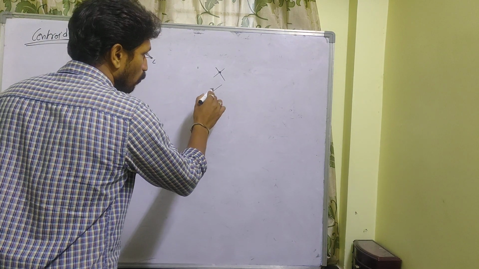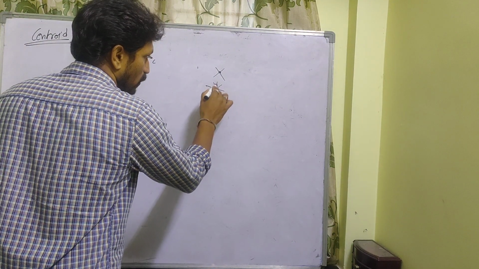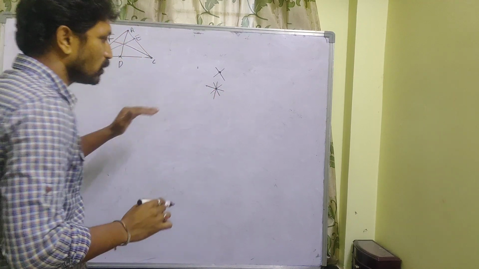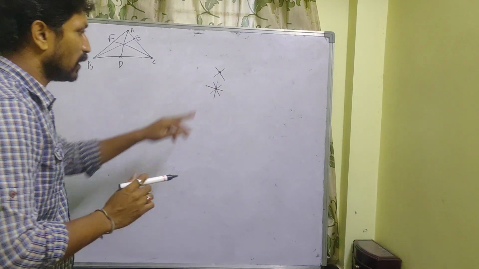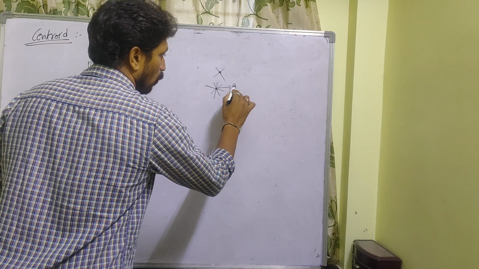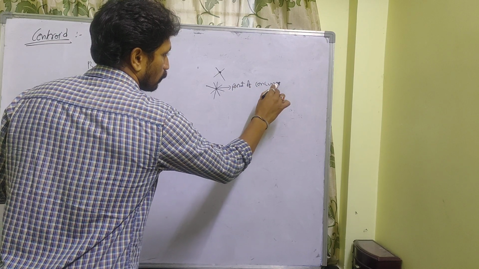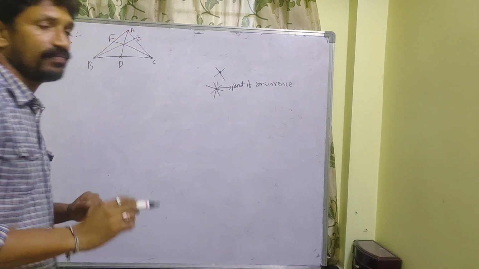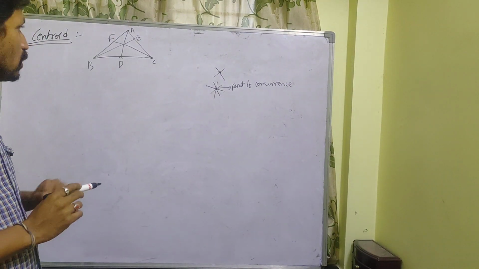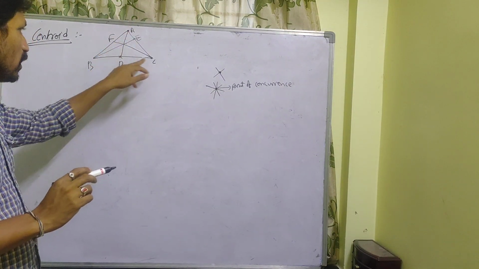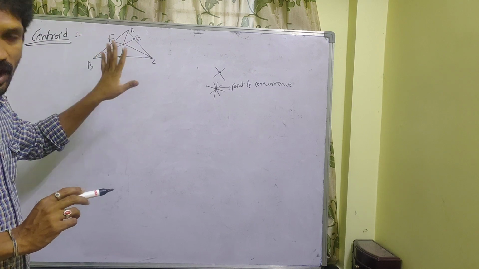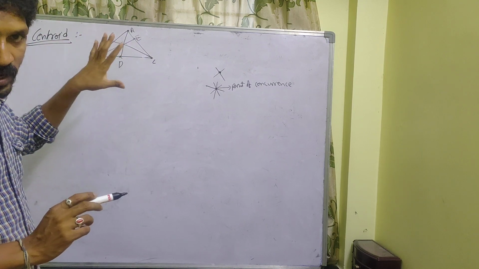Whenever three or more lines pass through the same point, then the point is called the point of concurrence. Whenever you take any triangle, you can draw 3 medians.